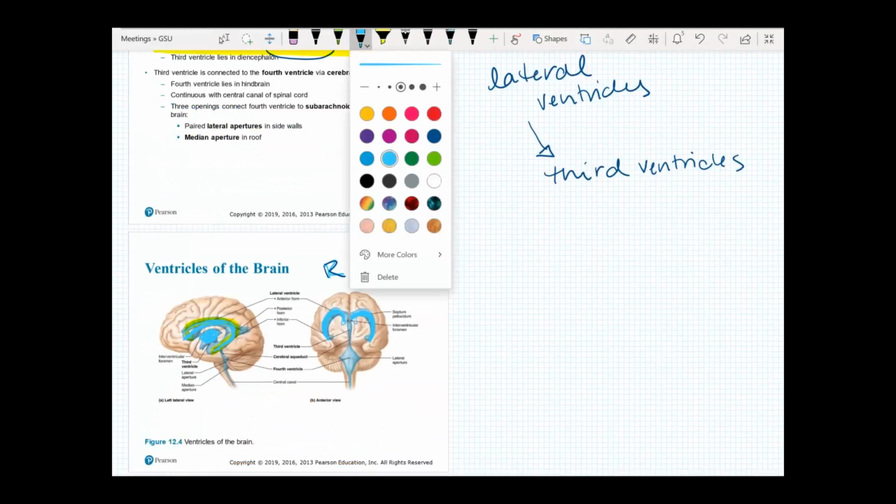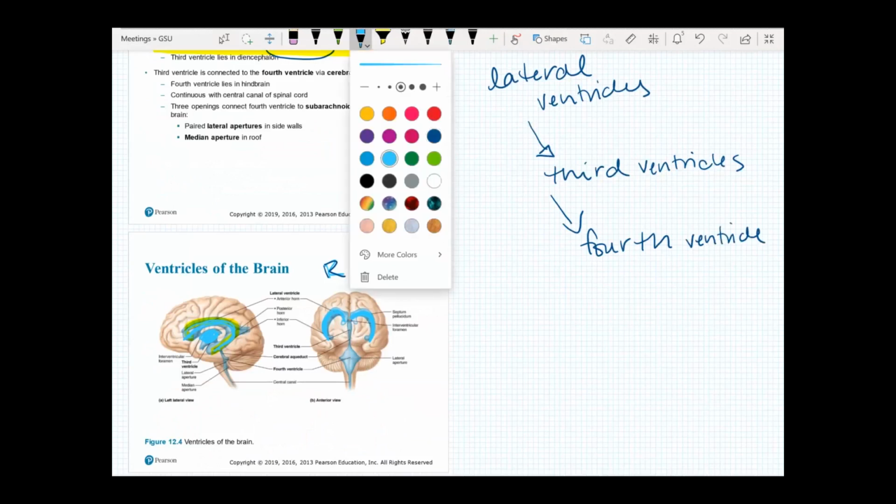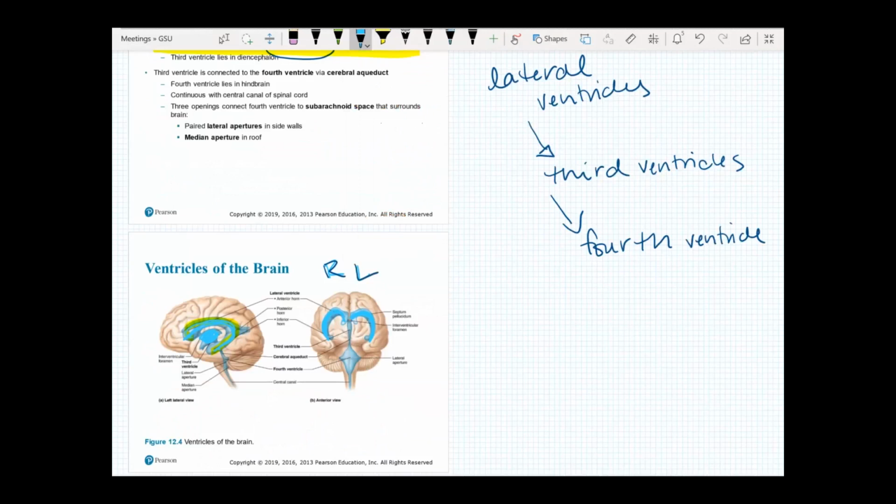From the third ventricle, it will then flow into the fourth ventricle. And the fourth ventricle is going to be the lower section of the brain. And that is going to be right here. And then after this fourth ventricle, it will actually go two different directions.